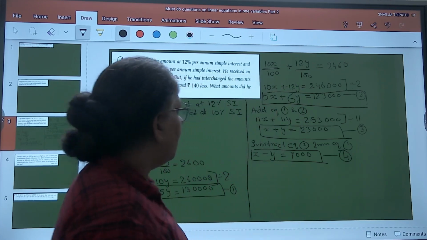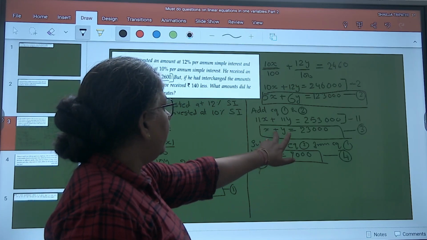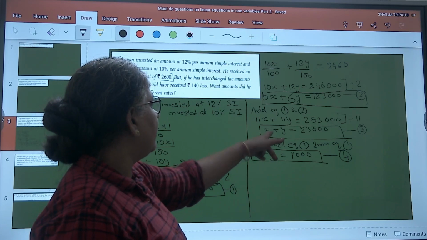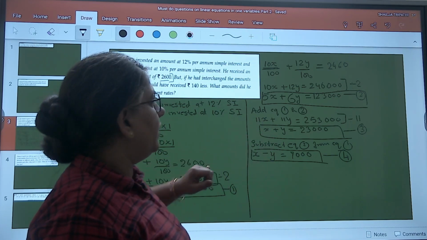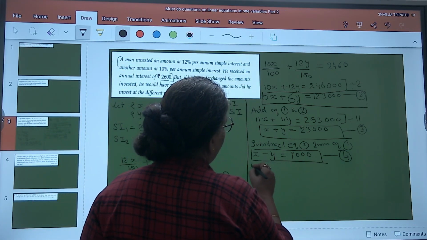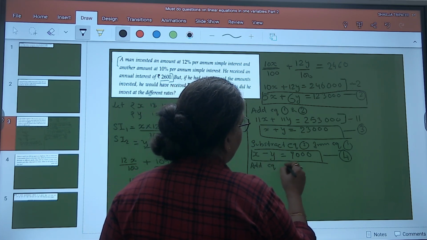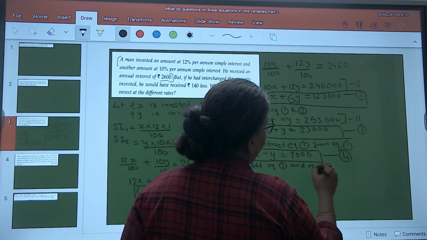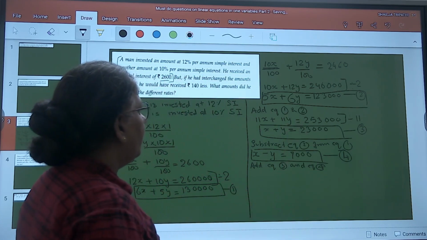Now solving 3 and 4. See, clue is that here we are getting plus y and minus y. So signs are opposite. So we can solve it by adding the equations. So add equation 3 and equation 4. See, on adding both the equations, what you get?